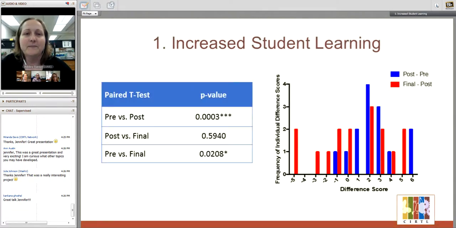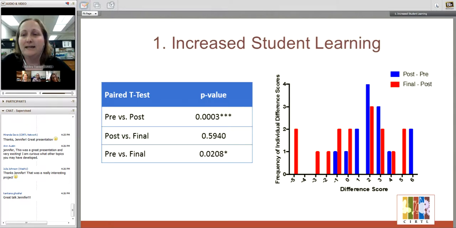Next slide. This slide looks at the impact of those models. You saw the students with the DNA in their hands, adding the nucleotides, trying to figure out what enzyme opens up the DNA. They're actually walking through the process of those biological concepts using a model. On the left in that table, I did a simple paired t-test from pre to post, post to final, and pre to final.